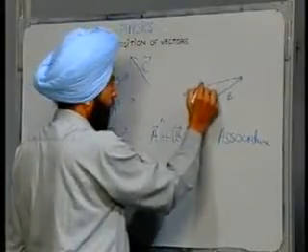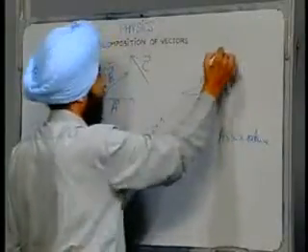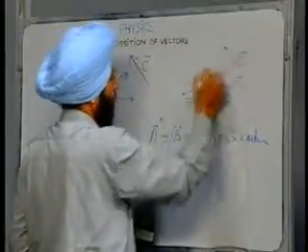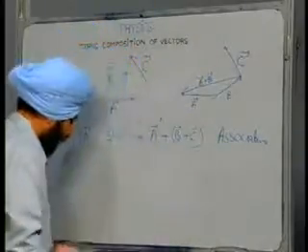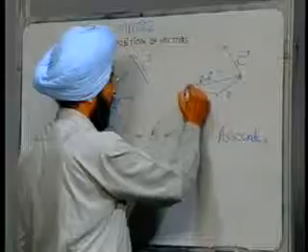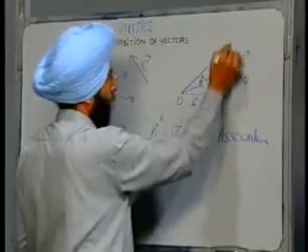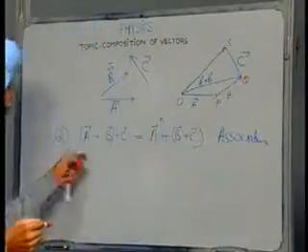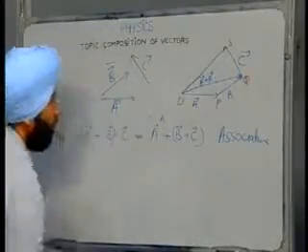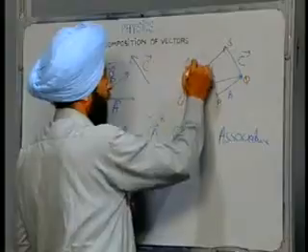So, this is A plus B, and now we add to it C, and the resultant is given by OS.